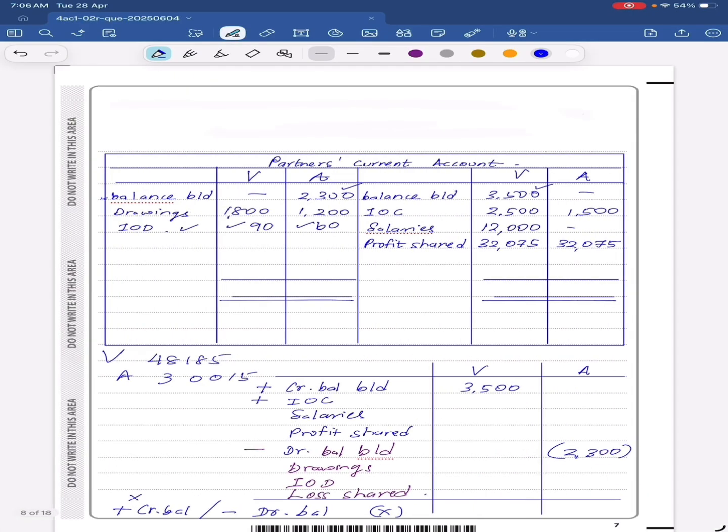This should be on the credit side. So interest on capital, Victoria 2,500, Albert 1,500. We can do the same over here. We have entered interest on drawings, which is 90 and 60. Both I'm going to deduct as per this format. And then interest on capital, I'll add 2,500 for Victoria, 1,500 for Albert.